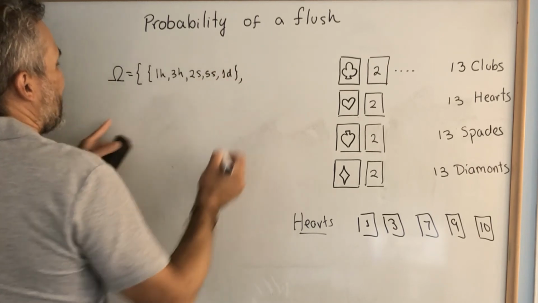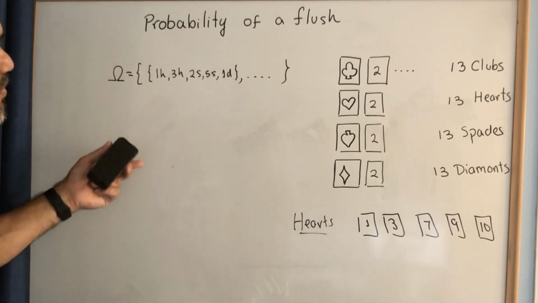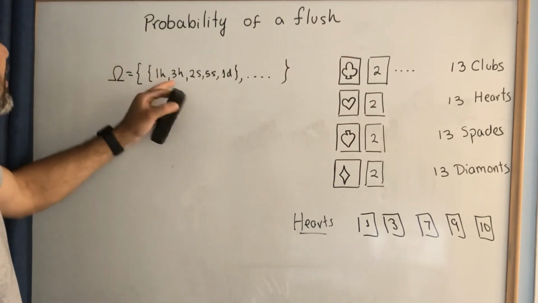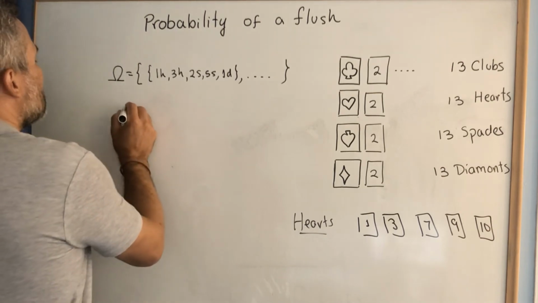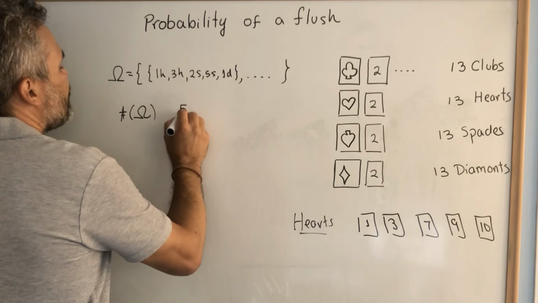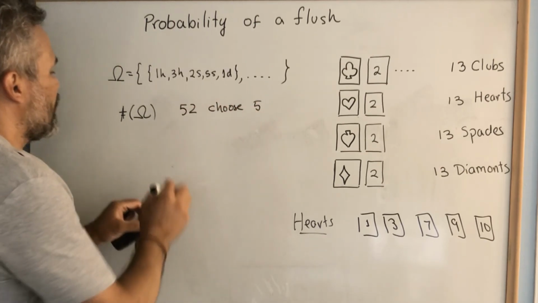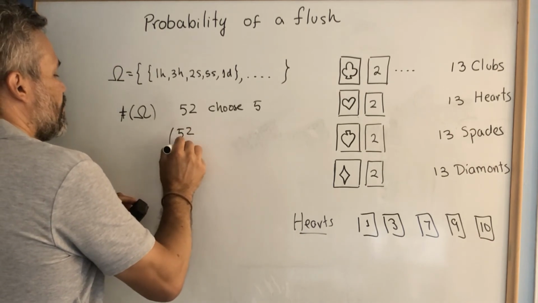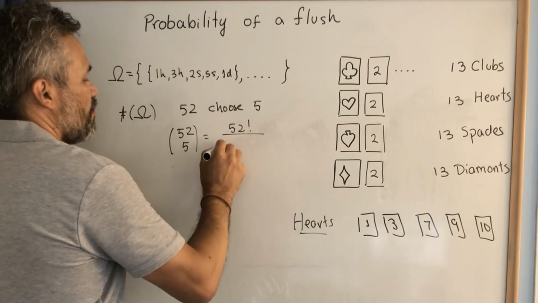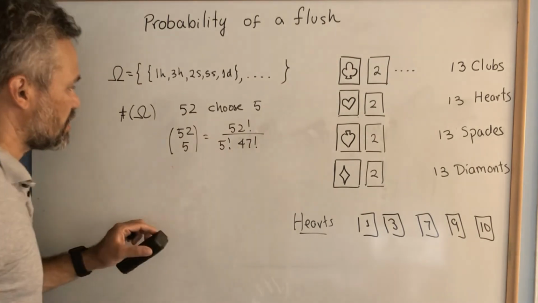This will be just one hand, and we have a lot more. How many? We have 52 cards all together, and we are selecting 5. The order doesn't matter. That means that the number of elements in omega is what we call 52 choose 5, and we denote it by 52 5, which is 52 factorial over 5 factorial times 47 factorial.